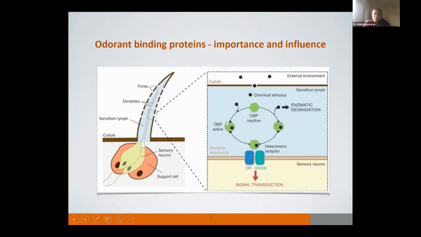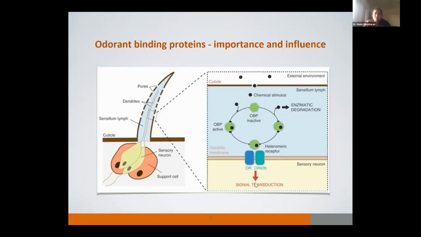What we understood is that when an odorant molecule from the external environment enters the sensillum lymph, it binds to an odorant binding protein, which then binds to the olfactory receptor and releases the odorant. This binding triggers a signal suggesting that they have identified their host.